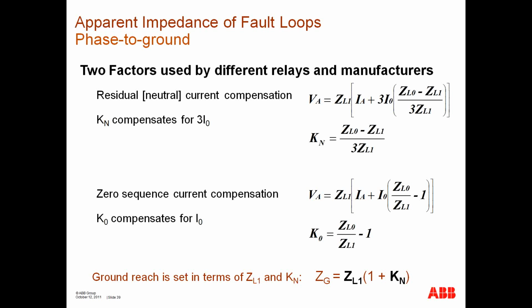Because if you have 3I0, this value is divided by 3. If you have I0, you have what this value is. So just be wary when you're setting relays as to the definition of what this Kn factor is, because it is not always the same. And also the ground reach is set in terms of the positive sequence impedance and the Kn or K0 factor up here.